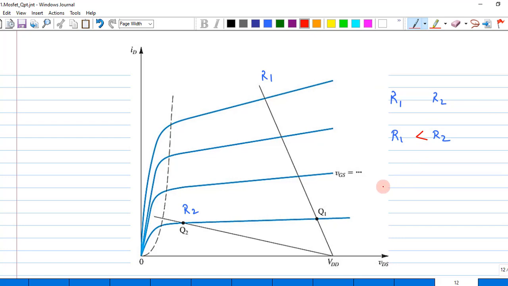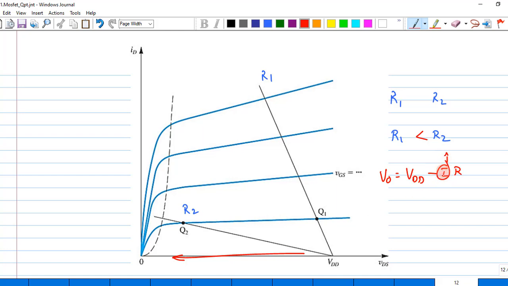Now, you might think, how did I get to that particular value? Just by looking at the same expression of V out, right? This axis is representing my V out, and I know the expression for V out is equal to VDD minus ID times R. The moment I slightly increase the value of VGS, the current will also step up a tiny bit, right?